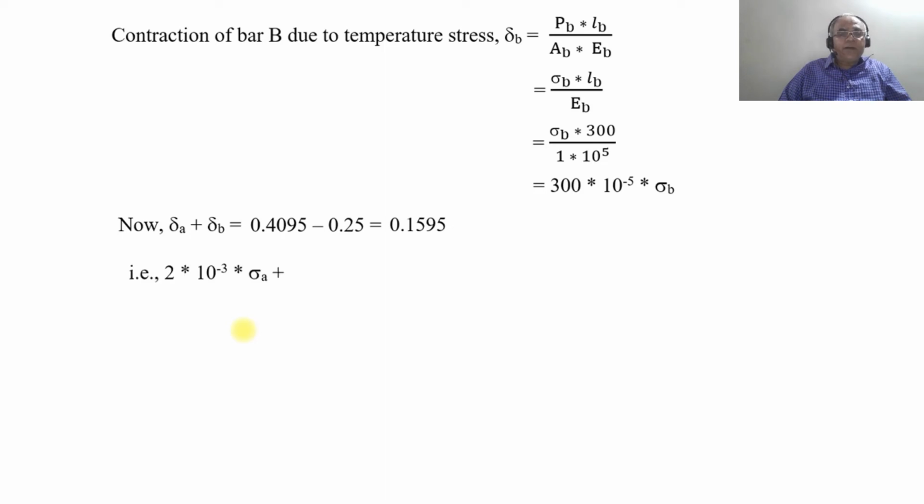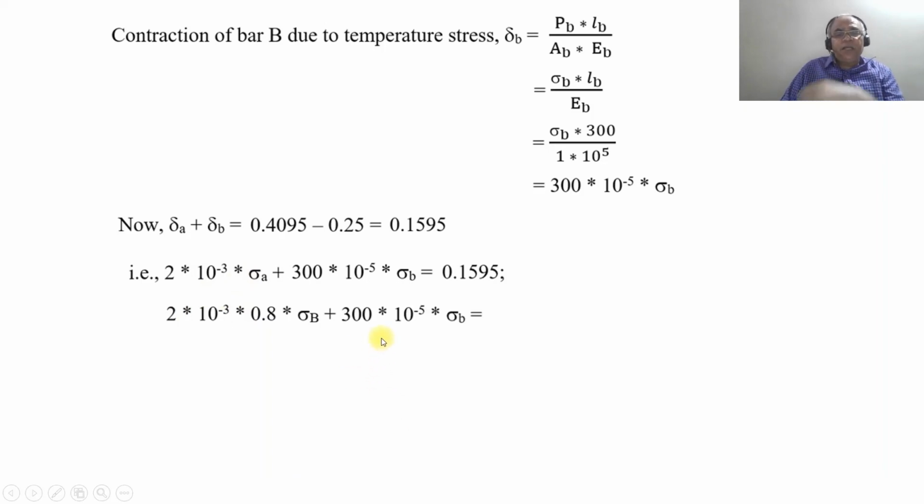So 2 into 10 to the power of minus 3 into sigma A plus 300 into 10 to the power of minus 5 into sigma B is equal to 0.1595. But we know sigma A is 0.8 into sigma B, so 2 into 10 to the power of minus 3 into 0.8 into sigma B plus 300 into 10 to the power of minus 5 into sigma B is equal to 0.1595.